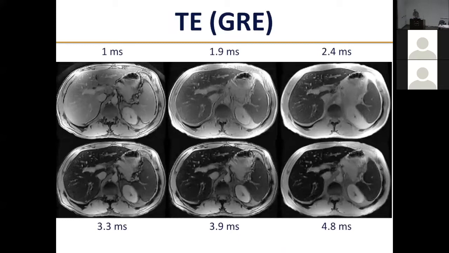So here we're looking at liver and spleen going from 1 millisecond down to 4.8 milliseconds. And notice again, we see a similar pattern. As the TE increases, we lose signal to noise, things get darker, but also notice that the range of echo times is much shorter on gradient echo sequences.